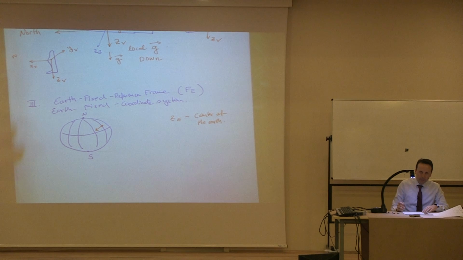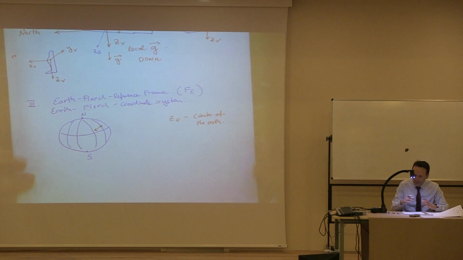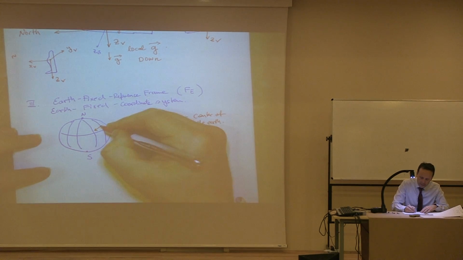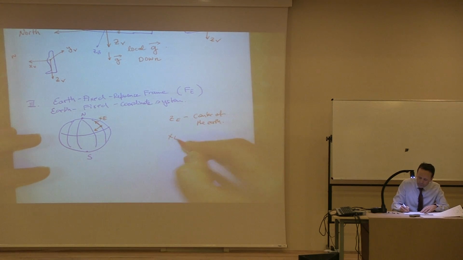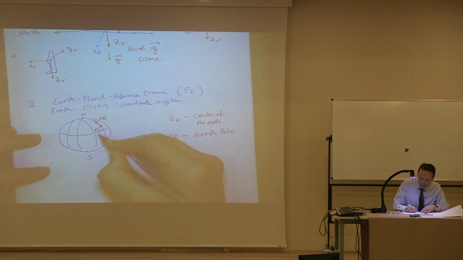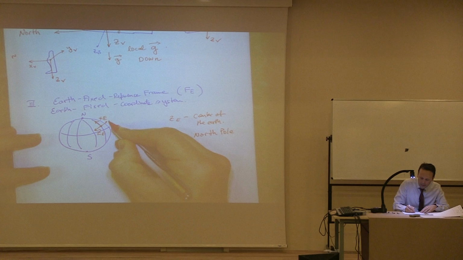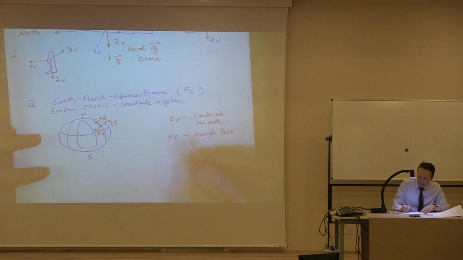Okay? And then the other two, you could point in any direction you want, but again, in this class, this is XE. The X axis will point towards the North Pole. And this is here ZE. And YE will therefore be pointing east.